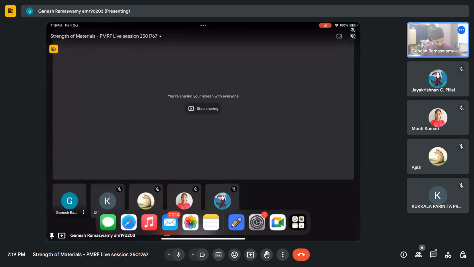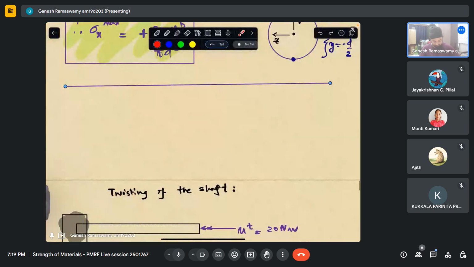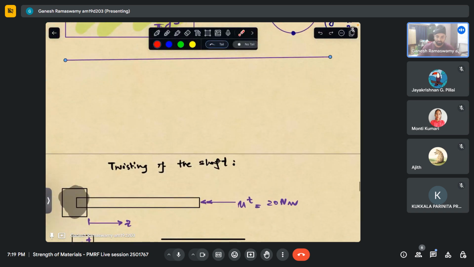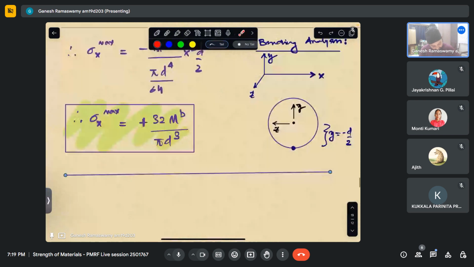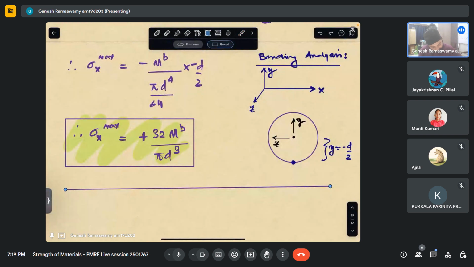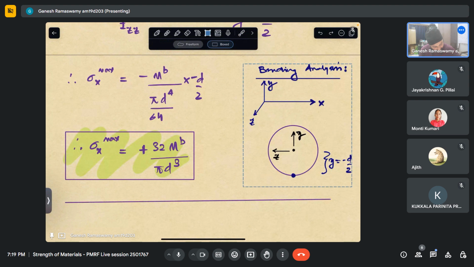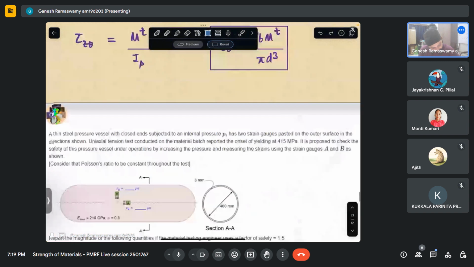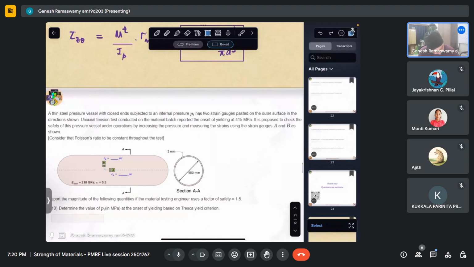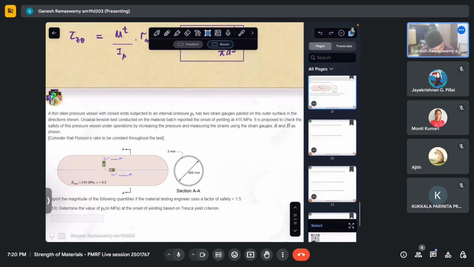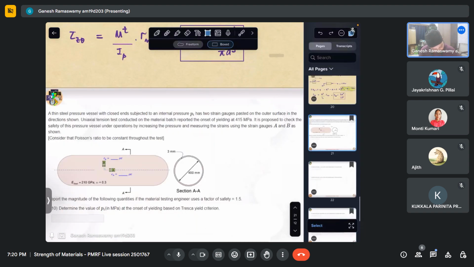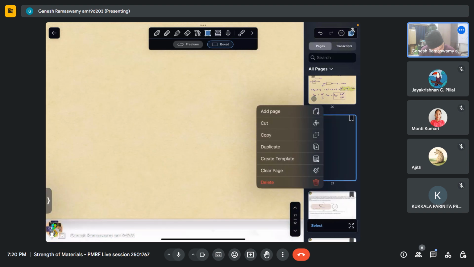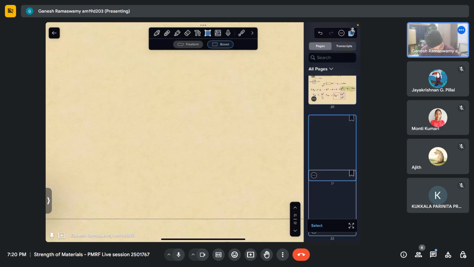There seems to be some issue with the touch. Okay, so for bending analysis, we saw this.